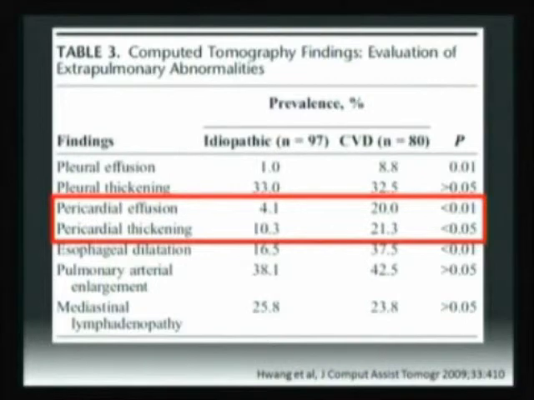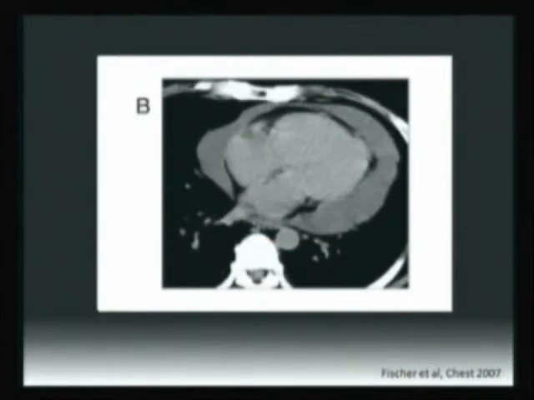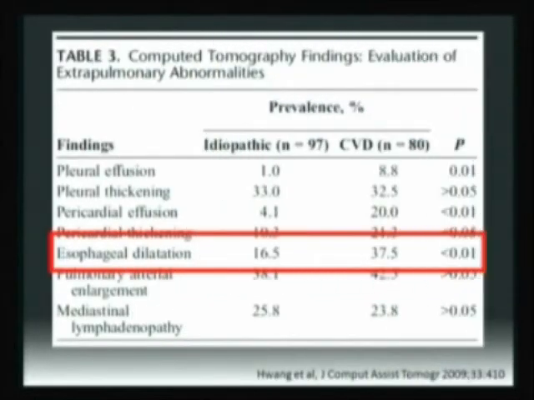Some signs are sometimes overlooked by the radiologist, but look here: pericardial effusion and pericardial thickening are much more frequent in patients with connective tissue disease as compared to patients with idiopathic disease. And this finding, which is usually overlooked, some pleural effusion, may be very sensitive to tell you that maybe that patient is not idiopathic, is not a typical IPF, but has some sort of underlying connective tissue disease.